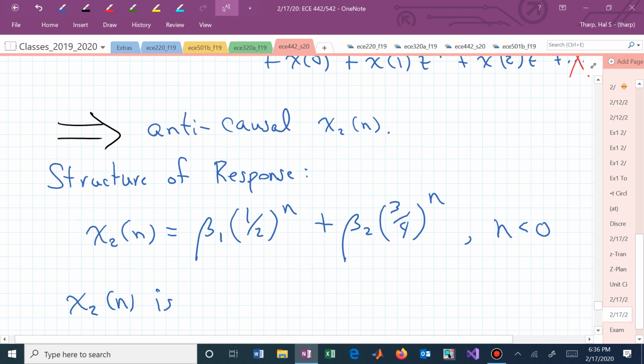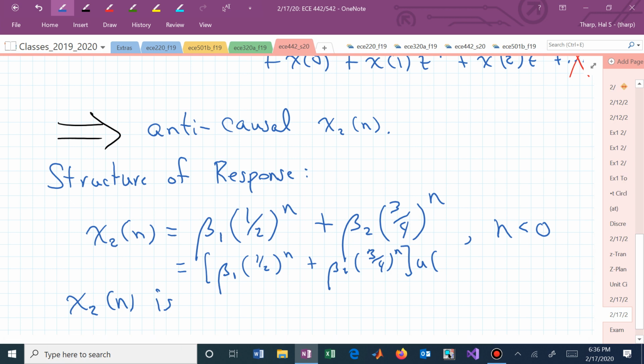What's another way that we could write this? With a switch. What's in my argument of the unit step? I want to turn this on when my switch has a non-negative argument.